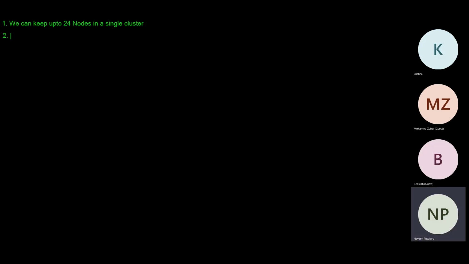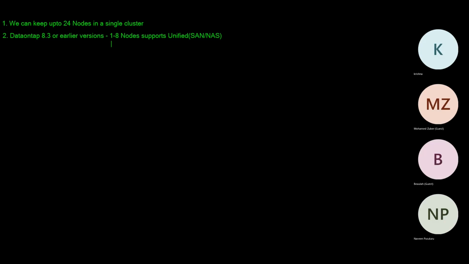Second point. Out of 24, if you are running Data ONTAP 8.3 or earlier versions, then nodes 1 to 8 support unified ports, meaning SAN and NAS both, and the remaining nodes, 9 to 24, support NAS only.